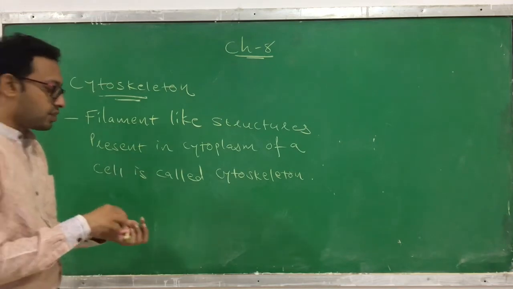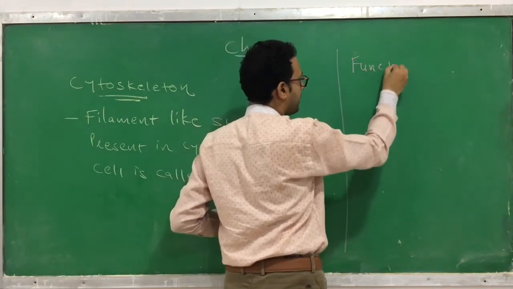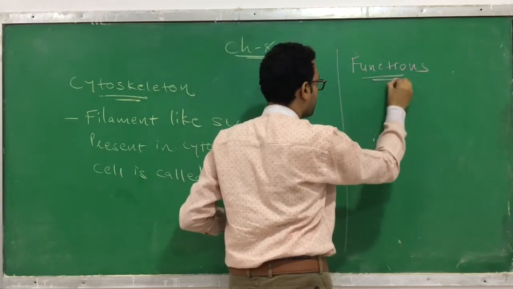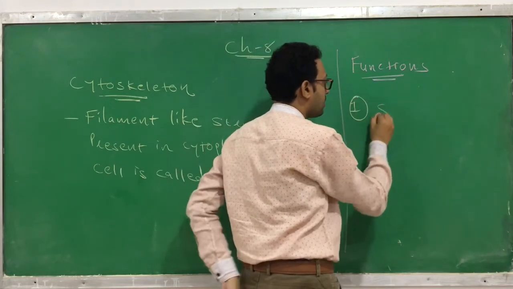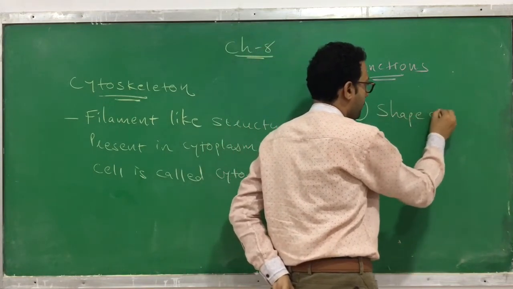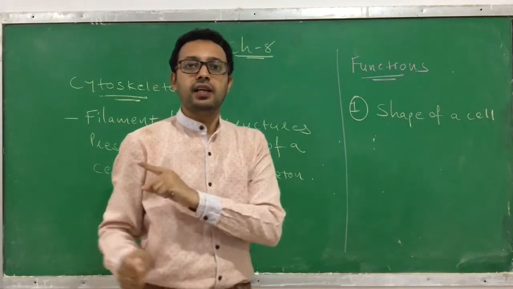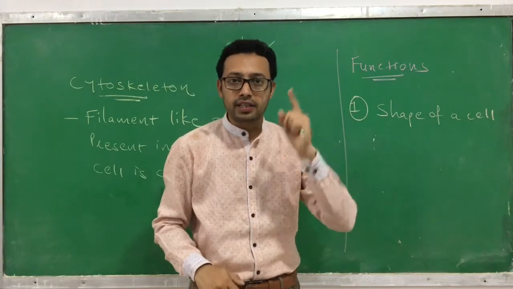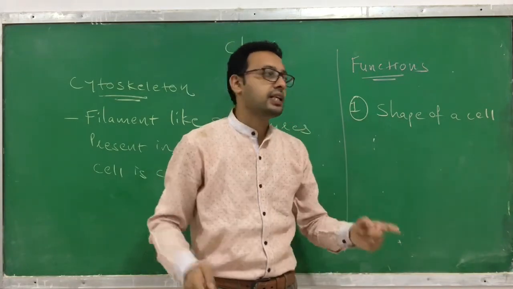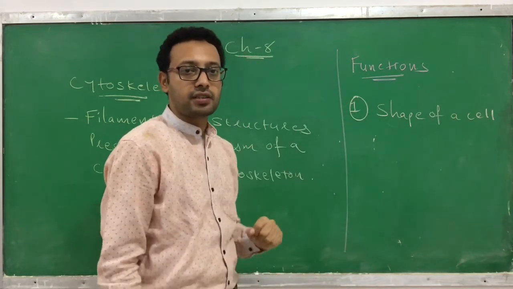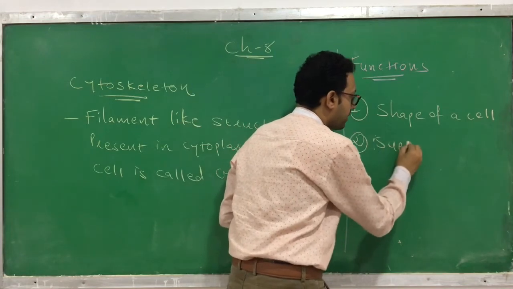What are the functions of this cytoskeleton? The first function is that it gives shape to a cell. You know that there are different shapes of cells, like spherical, oval, discoid or many others. The shape of a cell is maintained due to the cytoskeleton. Second, it provides support to a cell.